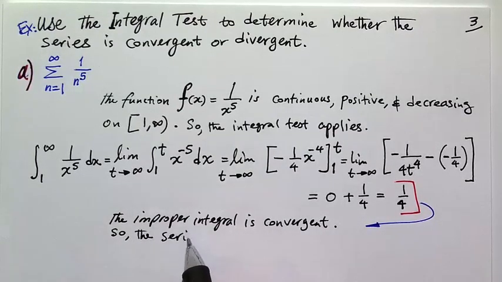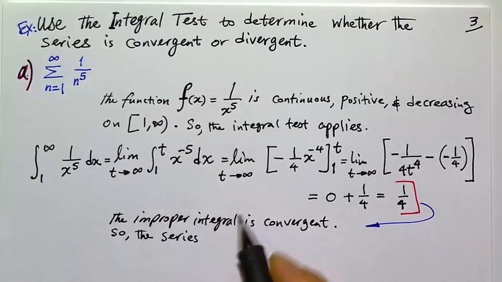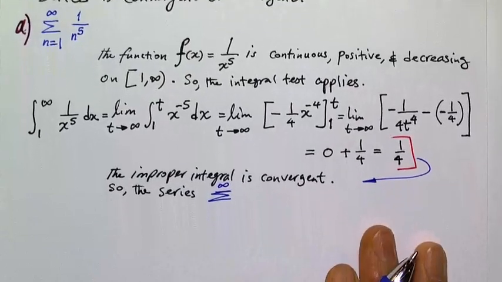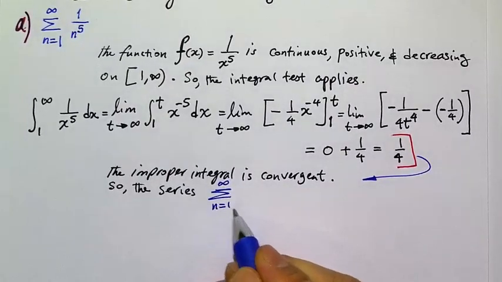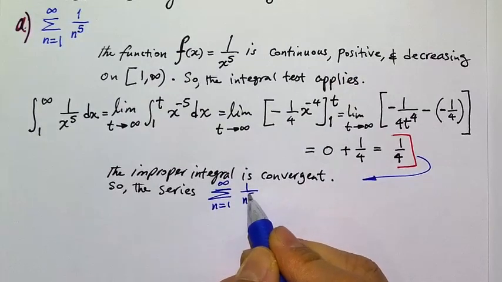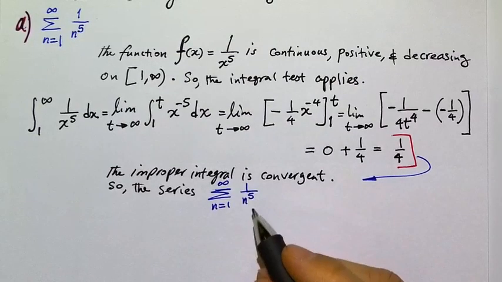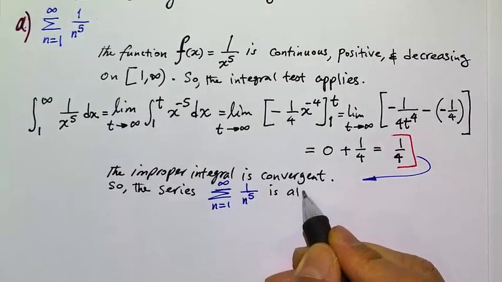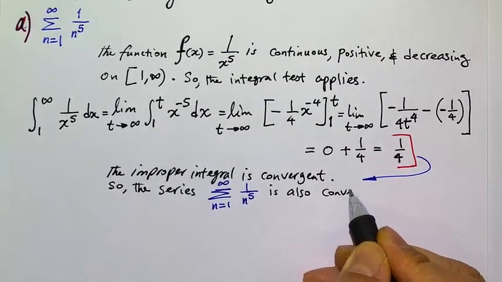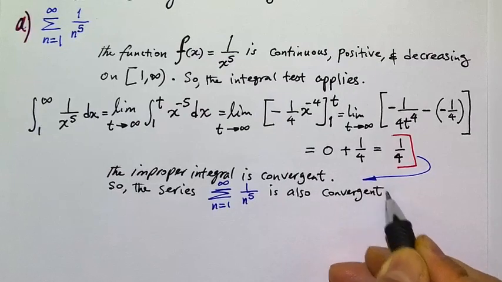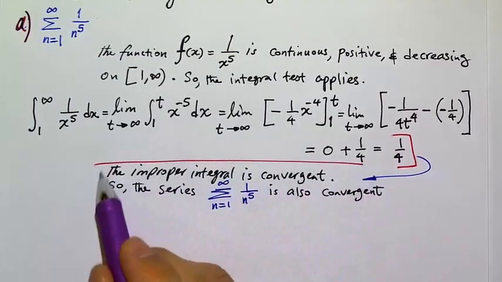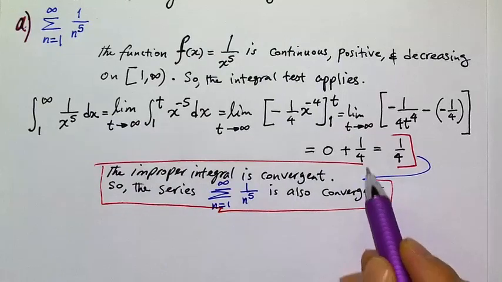So the series that we had, 1/n to the 5th power, is also convergent. I guess I can box that too, like that.